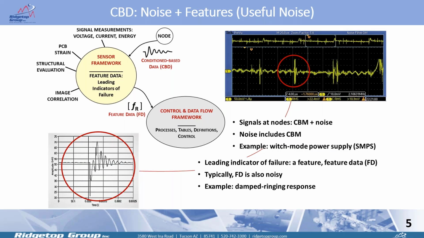For example, ringing response. Whenever you impulse or perturb a power supply, that power supply tends to ring. And the ringing response, that's a useful feature. But that ringing response also contains other features: amplitude, decay, and resonant frequency. So the feature data itself can also be very noisy. Next.